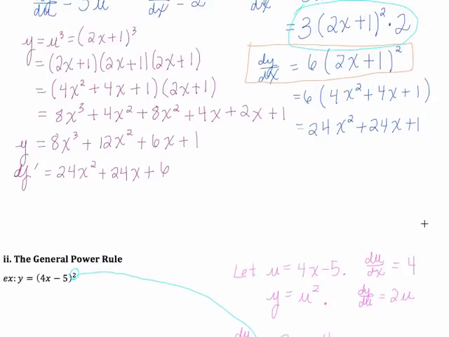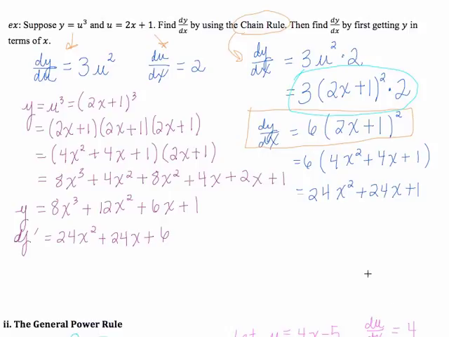Okay, let's look at this one up here. In this one, the 3, that cube, comes down out front, and the power reduces by 1, so now the power on the 2x plus 1 is 2, and it's times the derivative, 2.